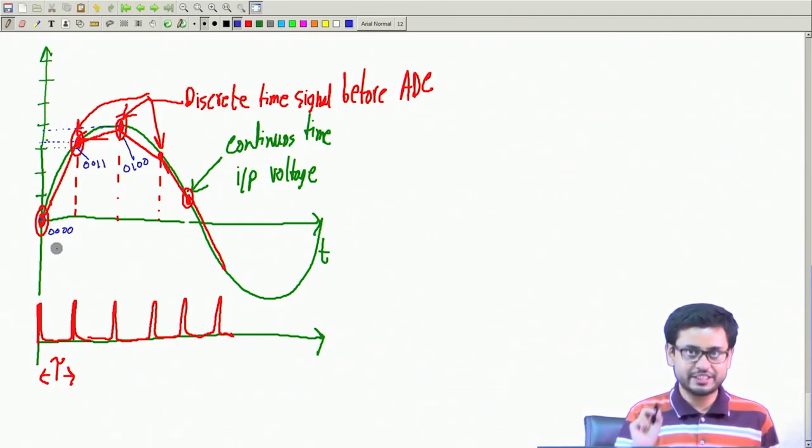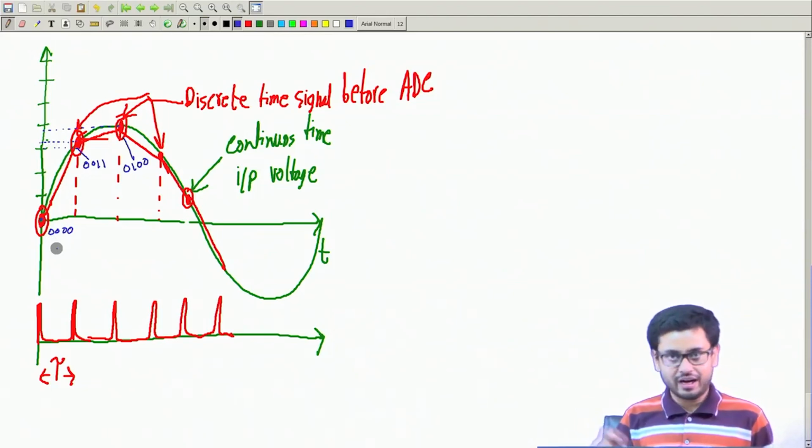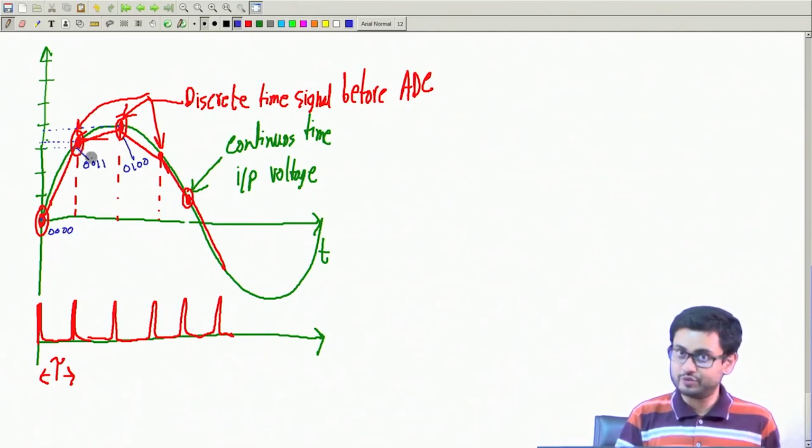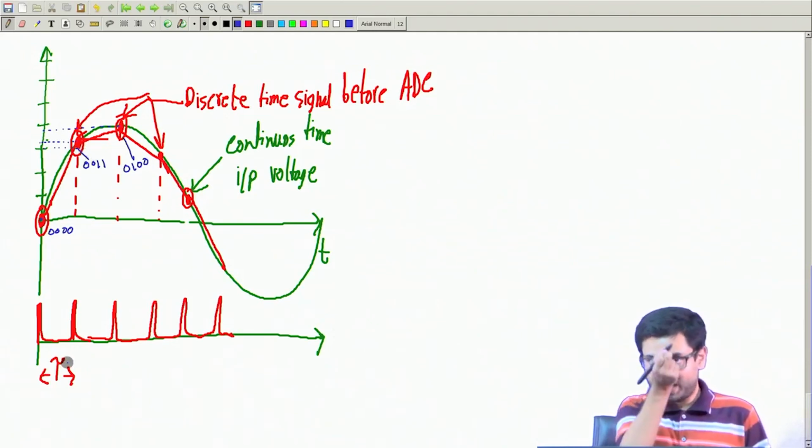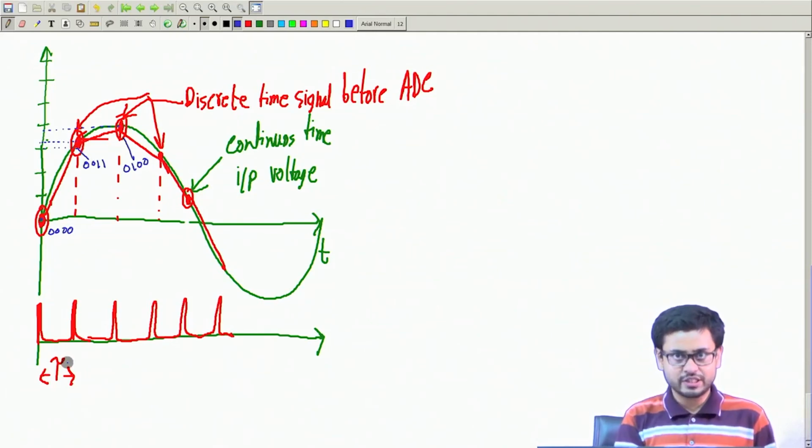Of course, 4-bit is not a good number. A good oscilloscope will have many more bits than 4, so the approximation will be much lower, but this will be the situation. No matter how small the approximation or error, there will be some error.